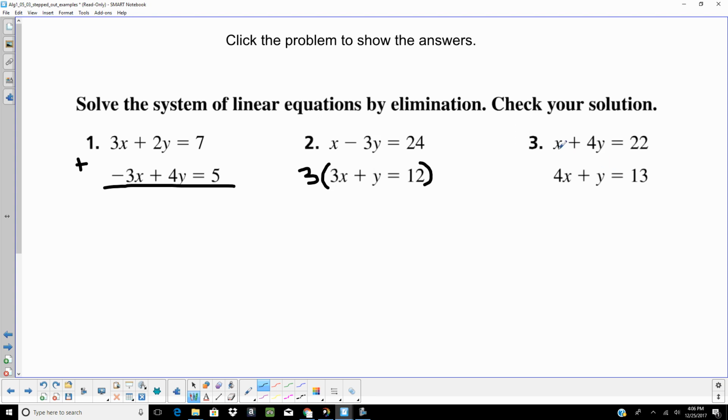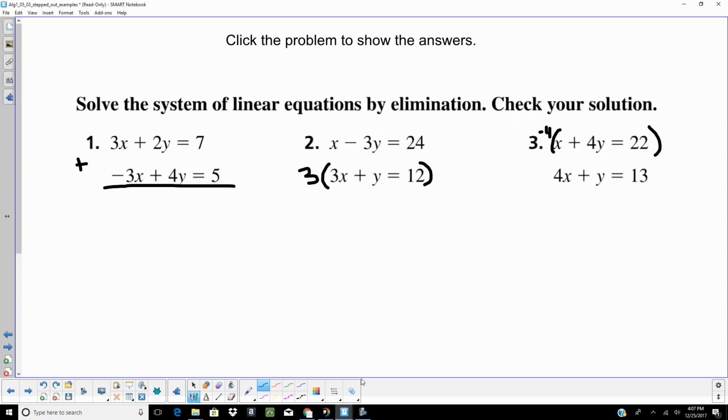Here, I've got a positive 4y and a positive y. Let's go ahead and multiply that top equation by negative 4, because that'll give me negative 4x, which is the opposite of positive 4x. So, got you started on these?